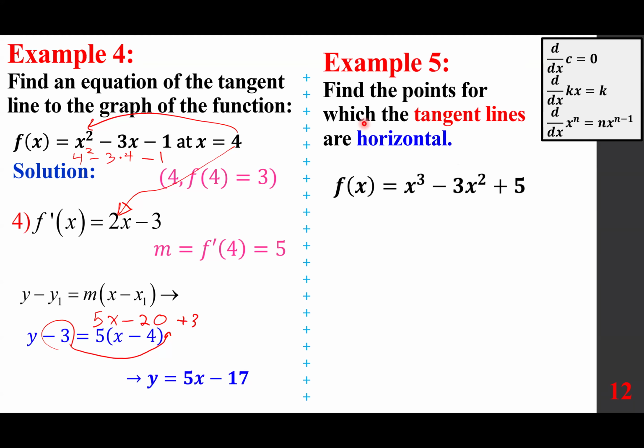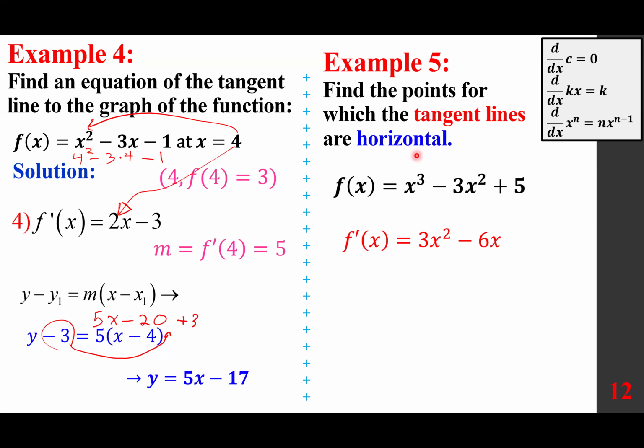Find the points for which the tangent lines are horizontal. Well, to get to the tangent lines and their slope, you have to differentiate first. So if f of x is x cubed minus 3x squared plus 5, the derivative f prime is 3x squared minus 6x.